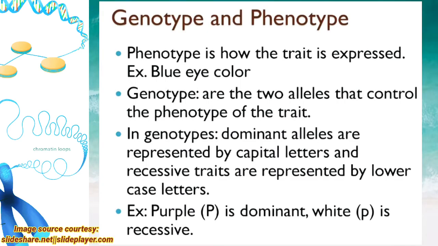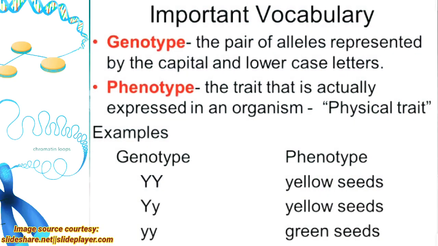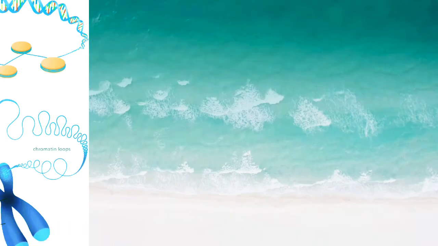Genotype is present inside the body as genetic material, while phenotype is the expression of genes as the external appearance. Genotype can be determined by scientific methods such as polymerase chain reaction, while the phenotype can be determined by observing the organism.